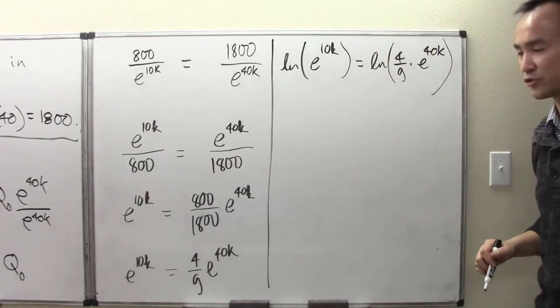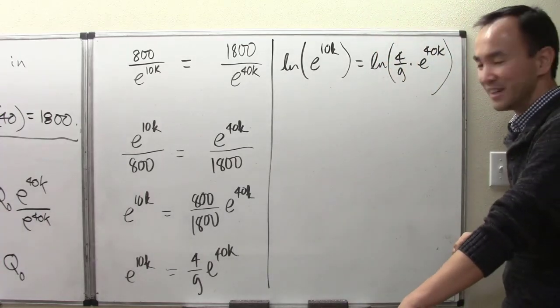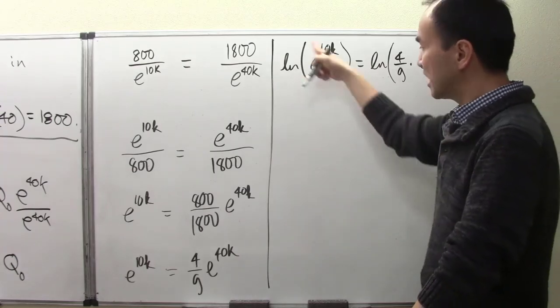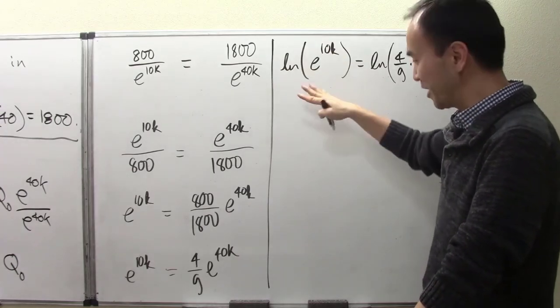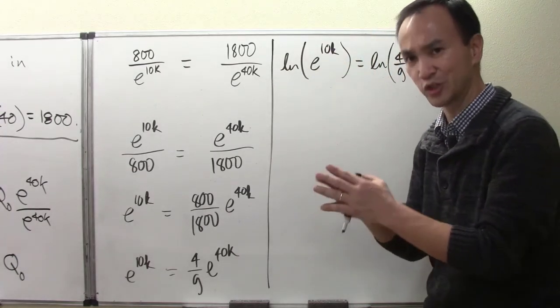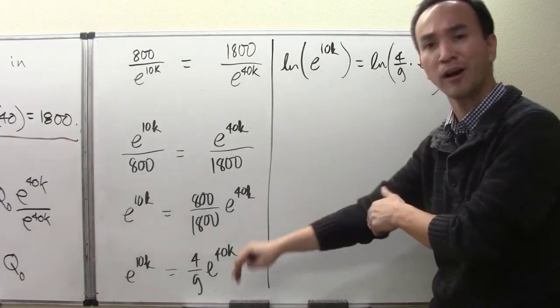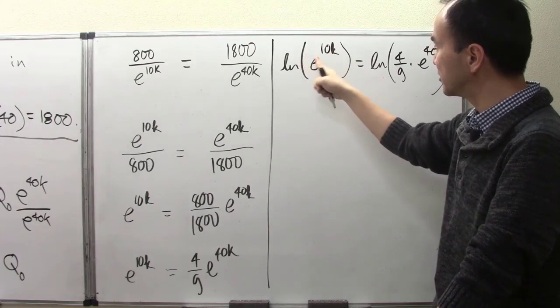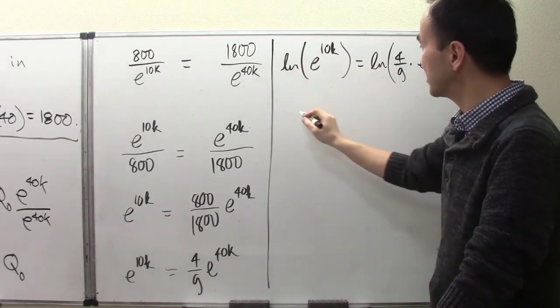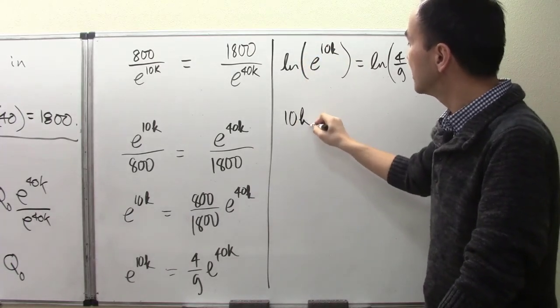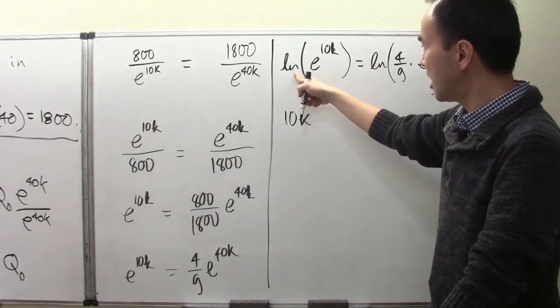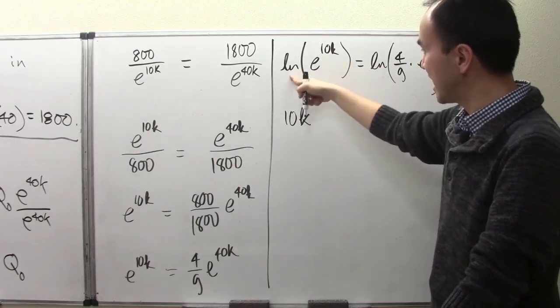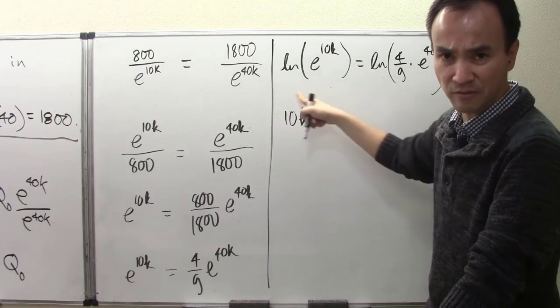I'm taking the natural log of both sides equally. And now with the property of logarithm, we have already learned that we can write this as 10k times log base e of e to some power, so that log cancels with e, that's why I only end up with 10k.